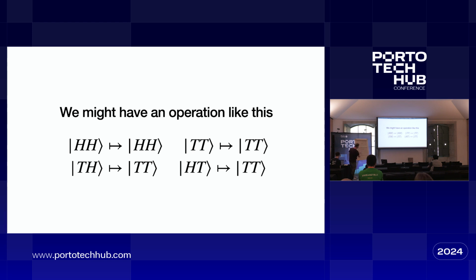I have heads, heads mapping to heads, heads, plus tails, tails going to tails, tails, plus tails, heads going to tails, tails, plus, again, tails, tails, heads, tails going to tails, tails, okay?